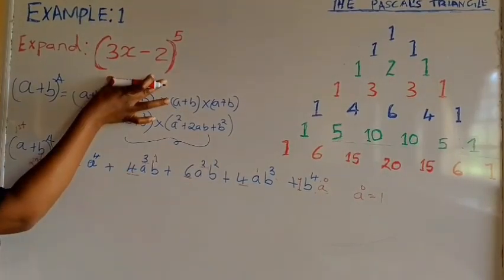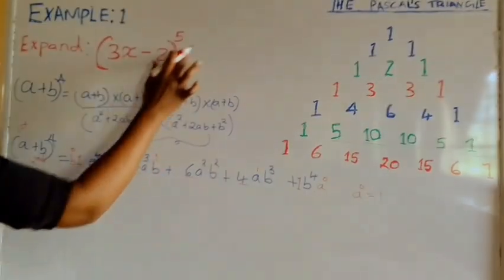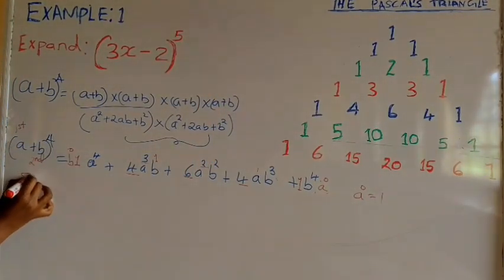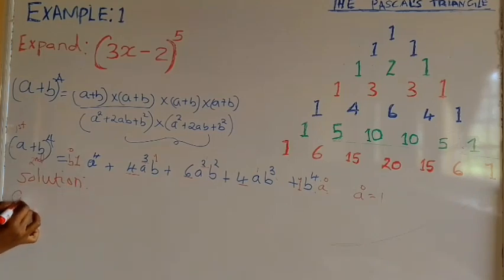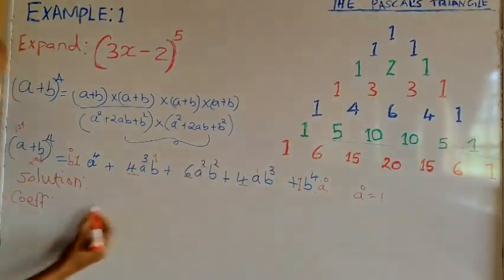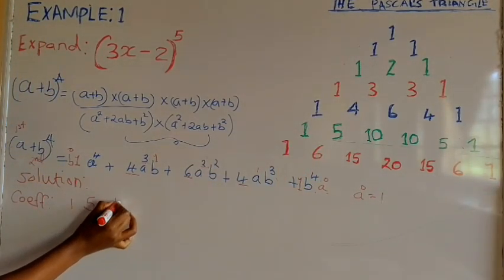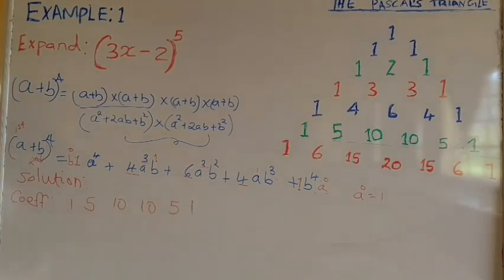To expand this one, we need to get the coefficients of power 5 from the Pascal's triangle. I will abbreviate that: the coefficients of 5 are 1, 5, 10, 10, 5, 1.